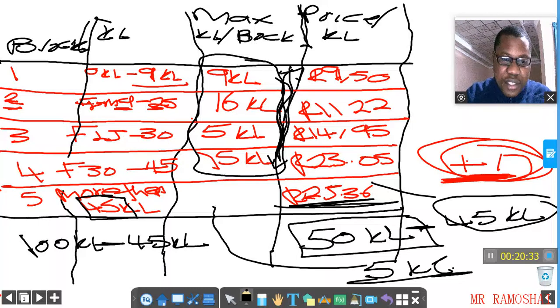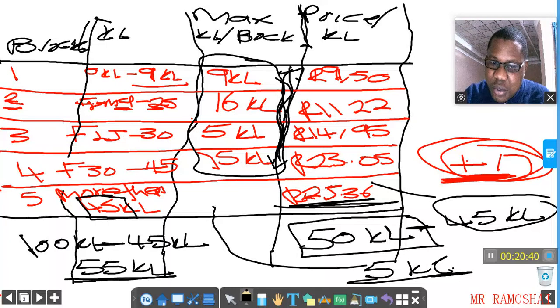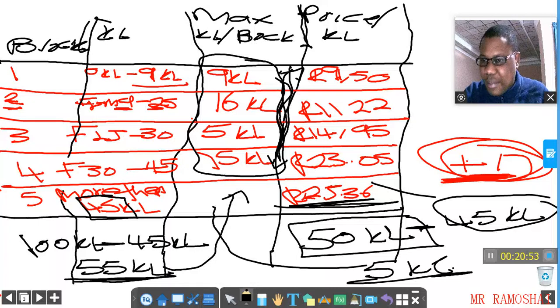So we're going to be left with 55 kiloliters. How are they going to charge this 55 kiloliters? Will they go back to block 1 and come back to block 4? The answer is no. This 55 will come to block number 5, all of them. Now this 55 are not going to be distributed. They are all going to be charged at 25 rand 36 cent.